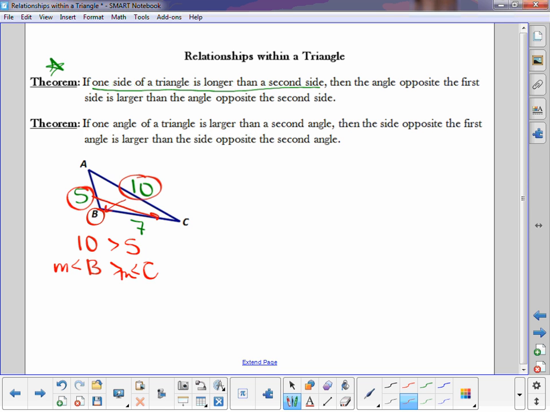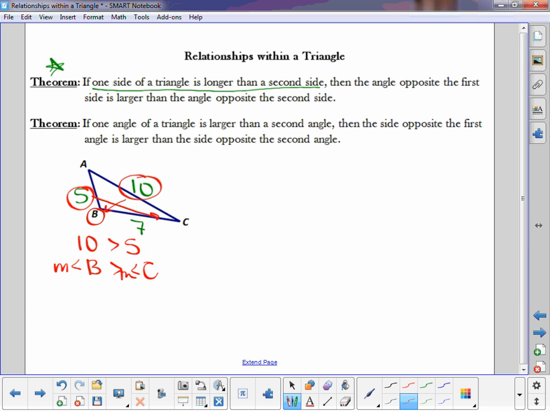What this theorem says is that if I know something about my side lengths, I can at least know the order of the angles. I don't know the actual measures, but I can know that B is going to be a bigger angle than C. Questions with that? So if we're doing this theorem, we're going to have to write it out. We will not be using this theorem in proofs. For this little bit, we won't be using this theorem in proofs.